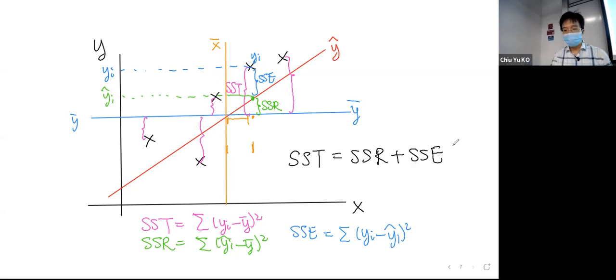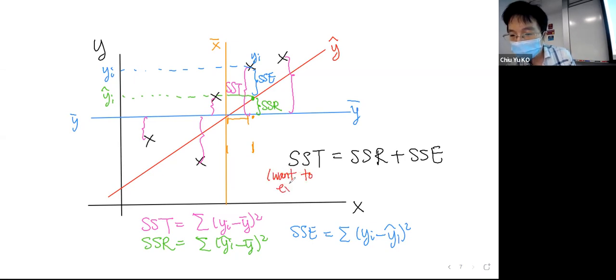So the total variation, the total thing we want to explain, can be divided into two parts. One part that is explained by the regression.